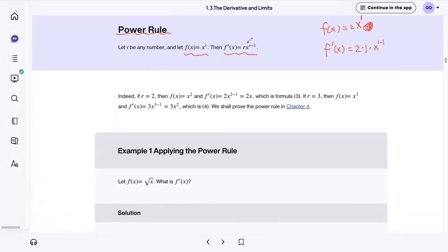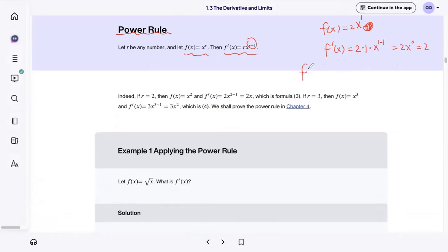See this r minus 1. Then 2 times x raised to 0. Well, x raised to 0 is just 1. So 2 times 1 is 2. So now we know where the 2 comes from, right? Before, remember? What I mentioned a little earlier was kind of premature.